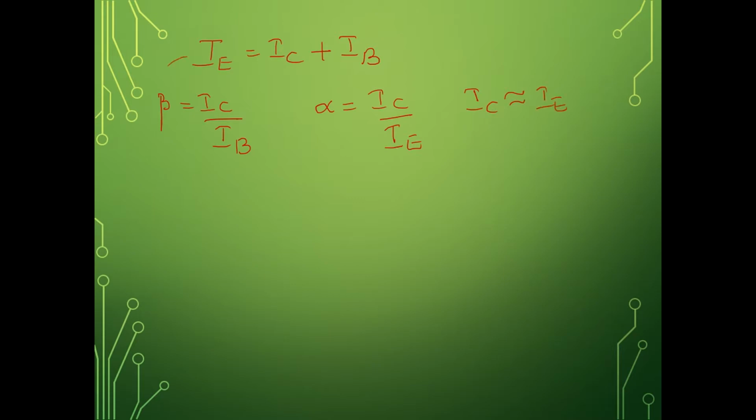If we divide this equation by IC, we get IE by IC is equal to 1 plus IB by IC.